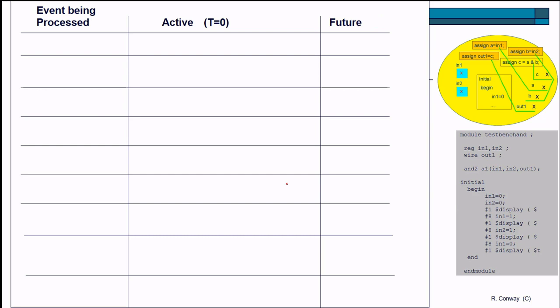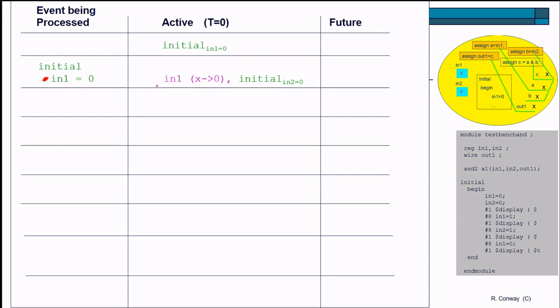At the start, we have the initial construct added as an event to the active event queue, and note we start with the time t equal to 0. The subscript on the initial indicates the next statement inside the initial to be carried out. So at the start, this is the only event in the active event queue, and the initial construct with in1 is the first statement to be carried out.